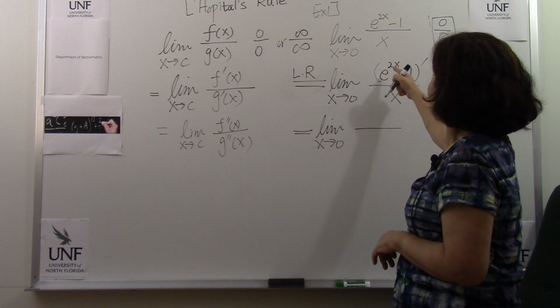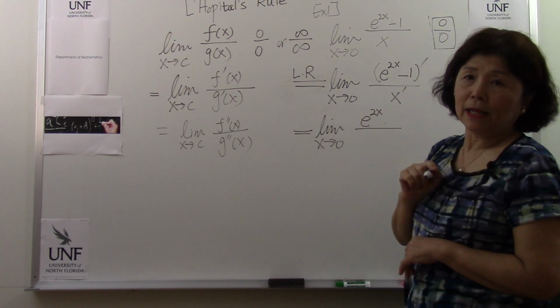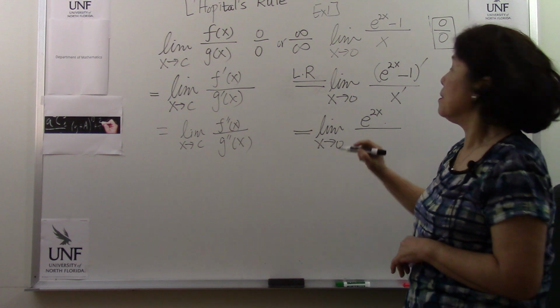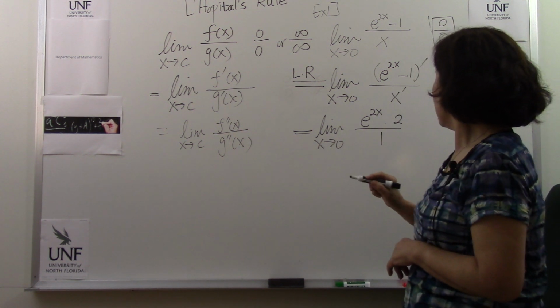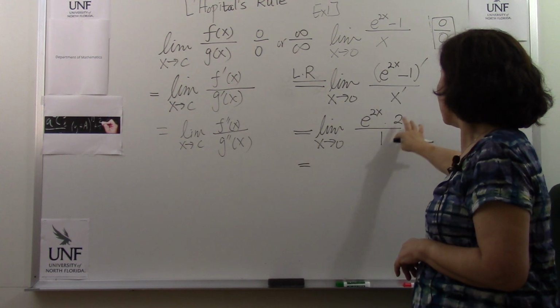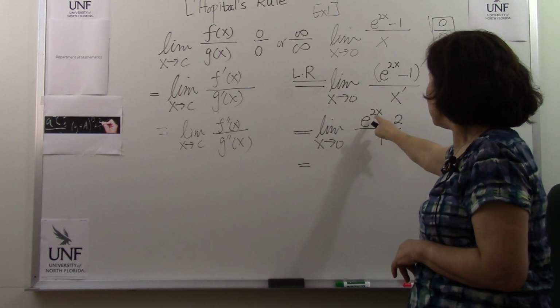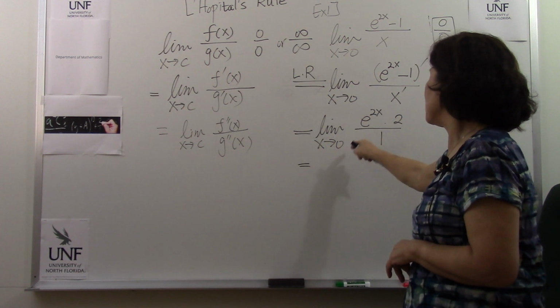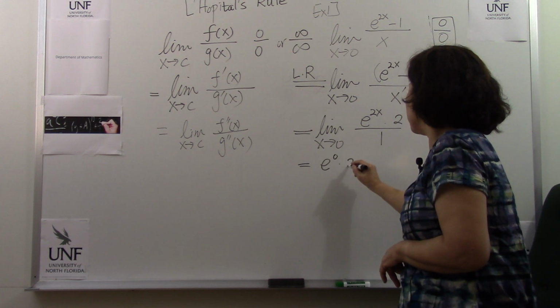So what is that? E to the 2x. Well, we have to multiply by 2 because of the chain rule. And then this is 1. So what's going on over here? This is 2 over 1, which is 2. On the other hand, limit of e to the 2x, and as x goes to 0, so this is the same as like e to the 0 times 2.